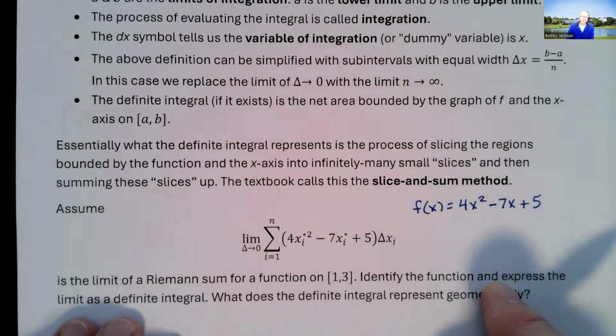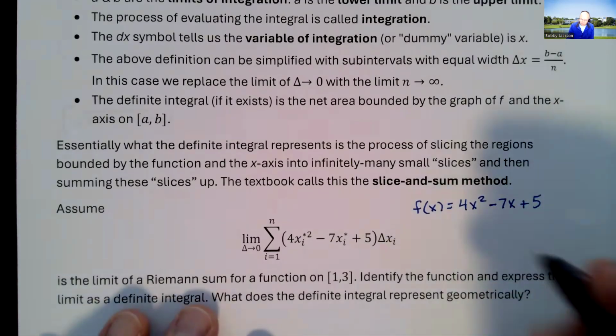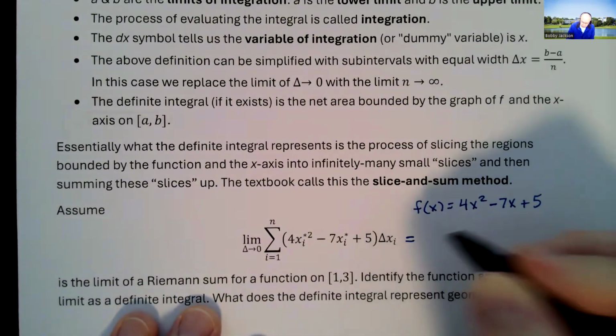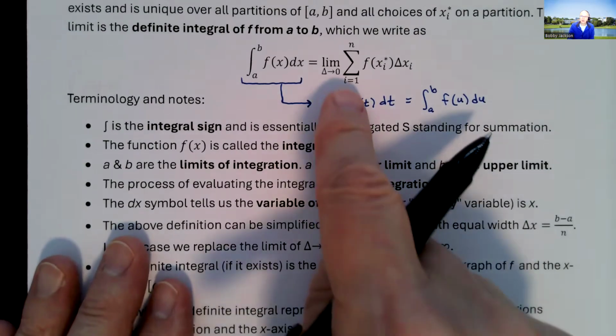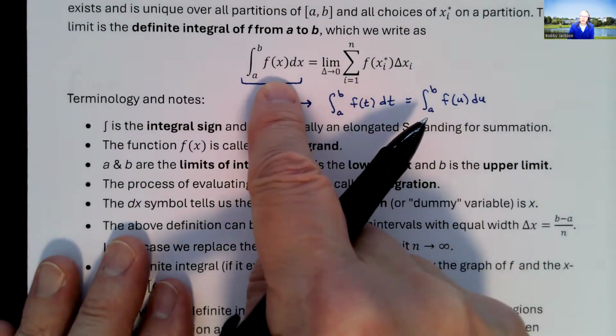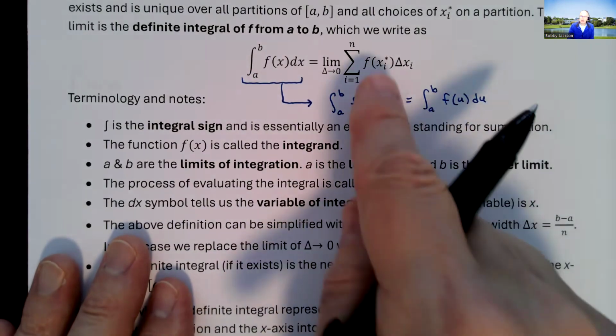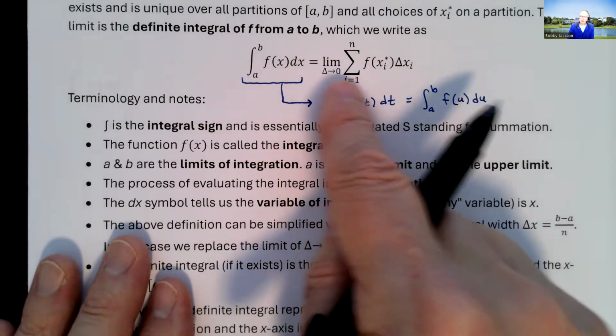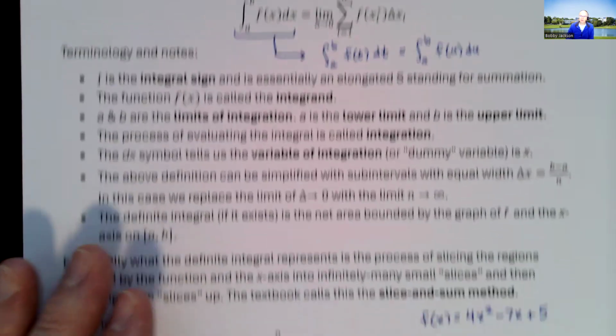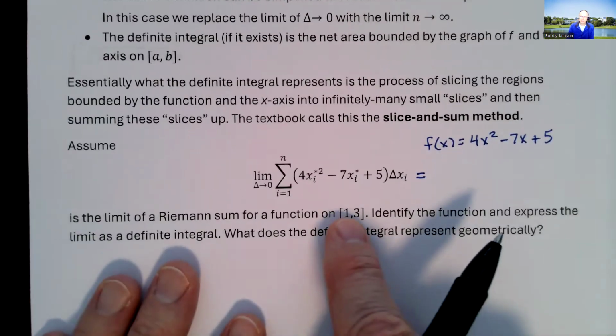Express the limit as a definite integral. So this thing is equal to what? So let's go back up here. This thing is equal to this, all right? So it's the definite integral from a to b. Well, what is a and b? I don't have that information by looking right here, right? Well, we're told on the interval from 1 to 3.